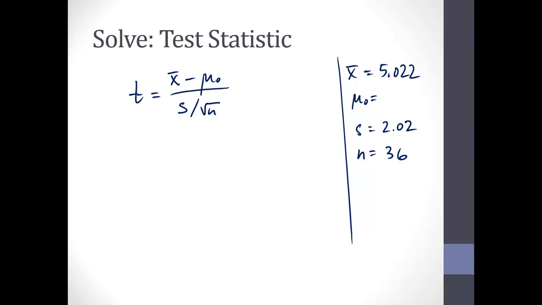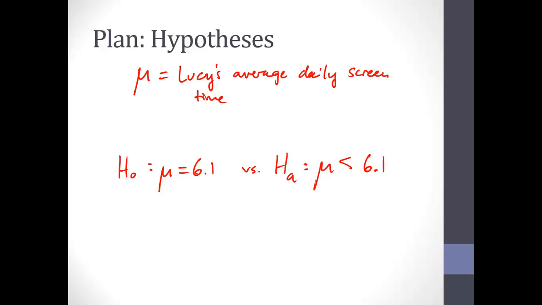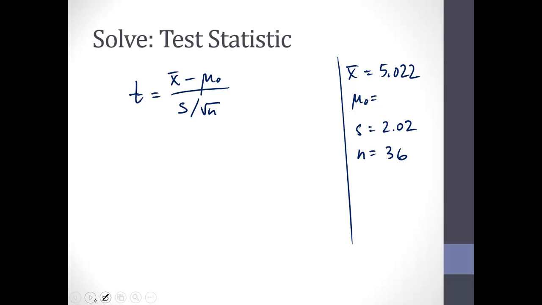Exactly right, 6.1. Mu 0, remember, always comes from the null hypothesis. Looking at your null hypothesis here, whatever number is in there is what mu 0 is. Remember, we're assuming that the null hypothesis is true and seeing how unusual our results are. So we're assuming that the mean is 6.1, and we're going to see what our results look like. So we can plug all these in.